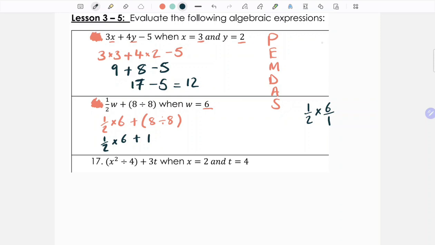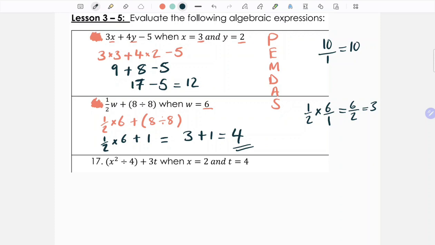So for example, if I had 10, how do I make 10 into a fraction? 10 over 1, 10 divided by 1, which equals 10. So now we've put it over 1, so now we have a fraction here. We just multiply the numerators together and the denominators together. So 1 times 6 is 6. 2 times 1 is 2. 6 divided by 2 is 3. So half times 6 is 3. 3 plus 1 equals 4, and that's our answer.